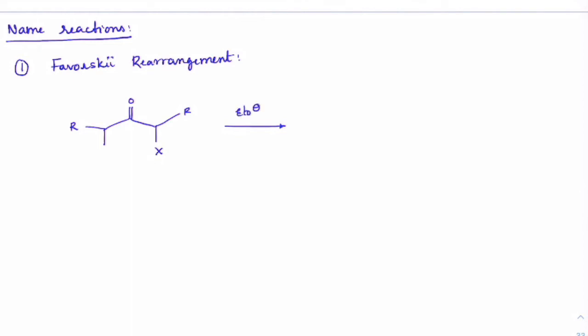First one out of that is the Favorskii rearrangement. Keep writing with me now. So in the Favorskii rearrangement, what is expected is that in case you have an alpha halo group here, which could be any aldehyde, any ketone, and we treat this with a strong base like EtO minus or OH minus, there is a rearrangement step that happens and you will get the final product as an ester like this.